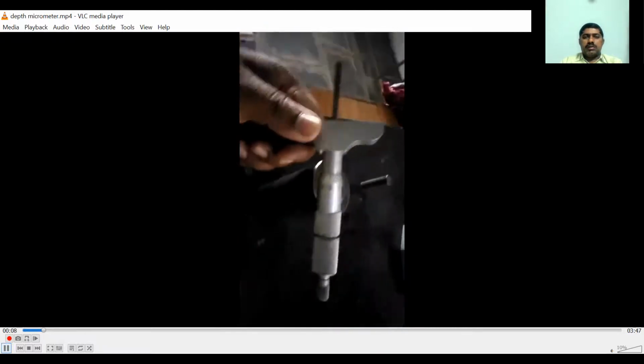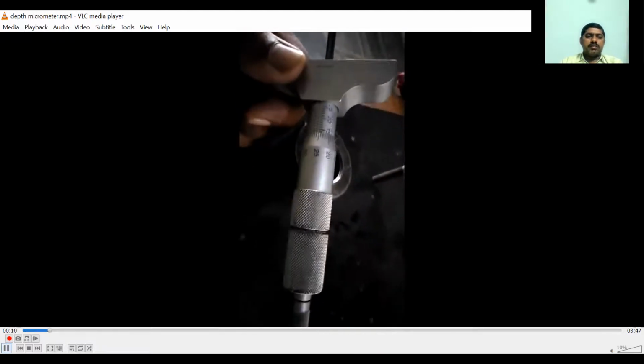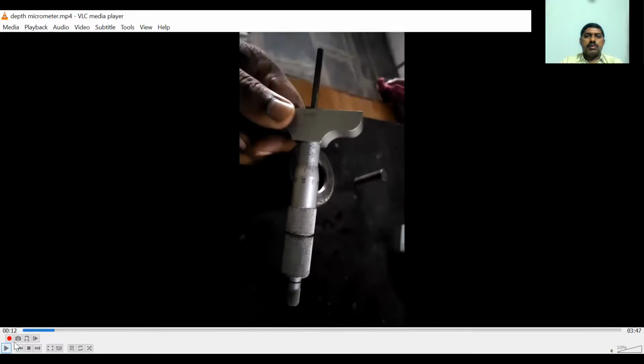So this is the depth micrometer. These rods, we have different sizes. This is the 25 mm rod. Similarly, we have the 50 mm rod and 75 mm rod.